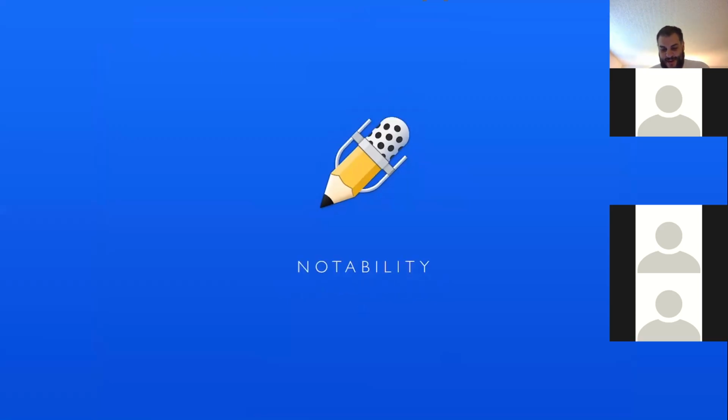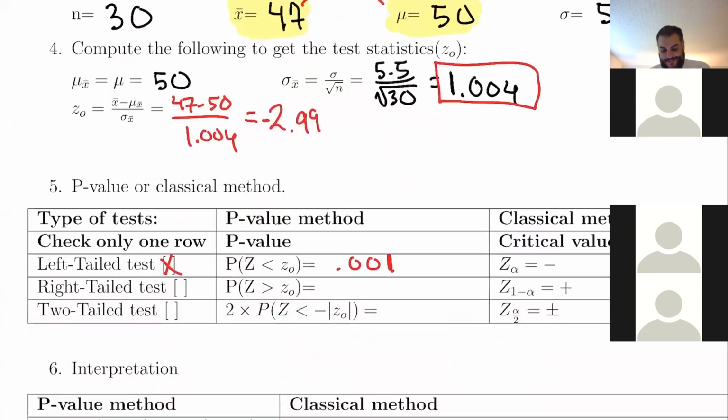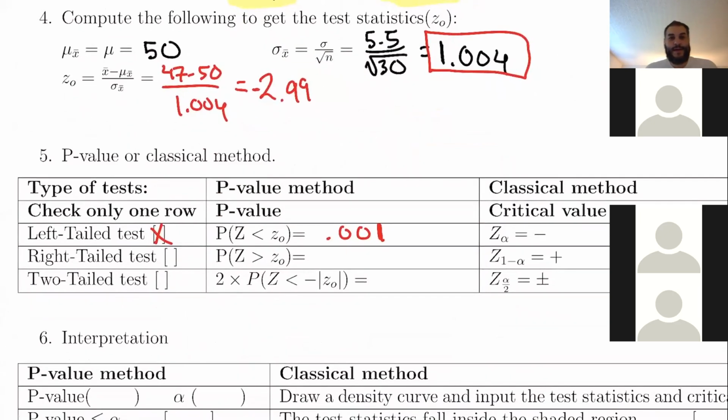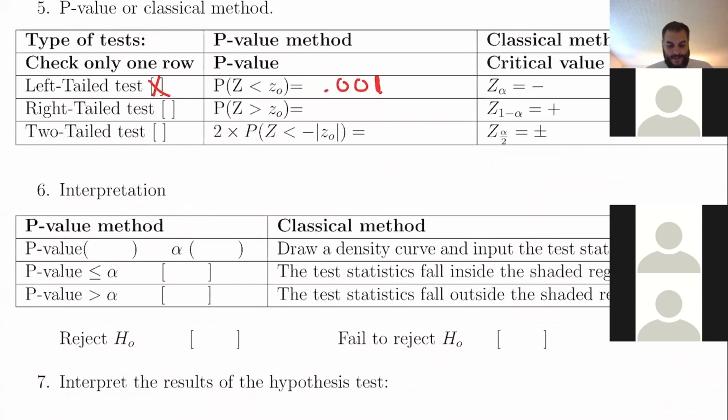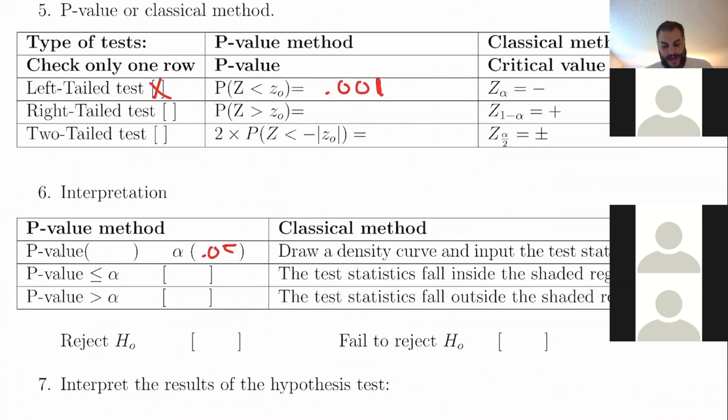Give me a minute, my screen froze. Yeah, so our alpha was 0.05. So we'll put 0.05, and the p-value, which is 0.001.